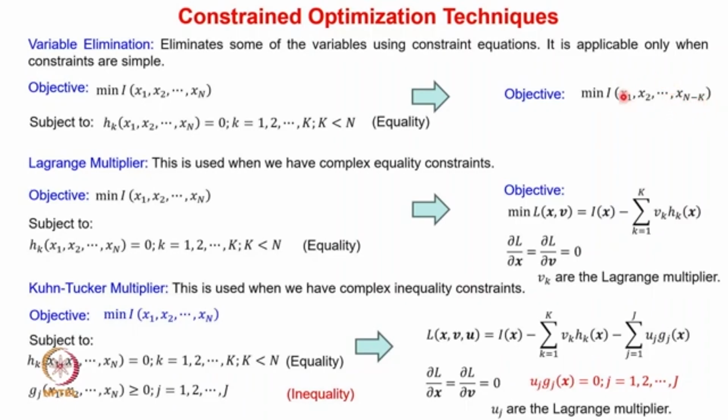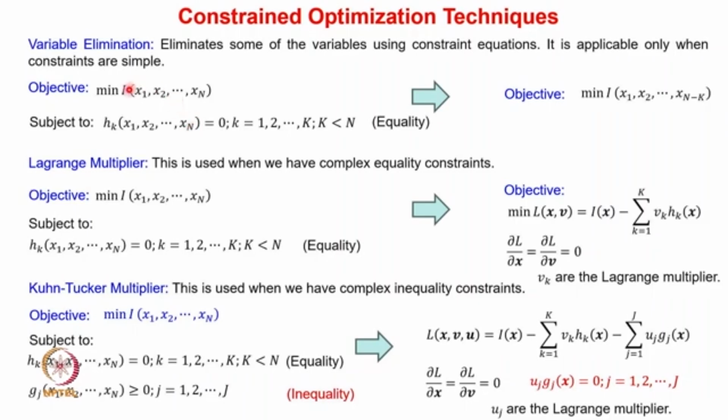You can see that the number of variables is reduced here. Earlier the variables were n. The same thing happened in the cylindrical container design problem. There also, initially we had two variables r and h, we replaced h, so finally my objective function became only a function of r itself, isn't it?